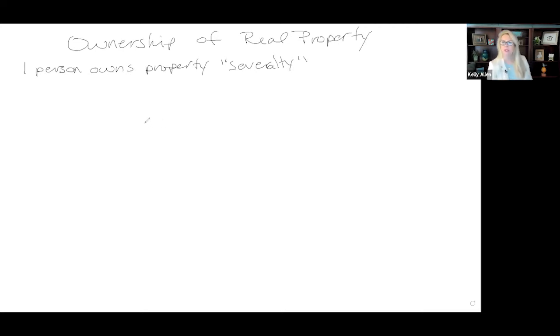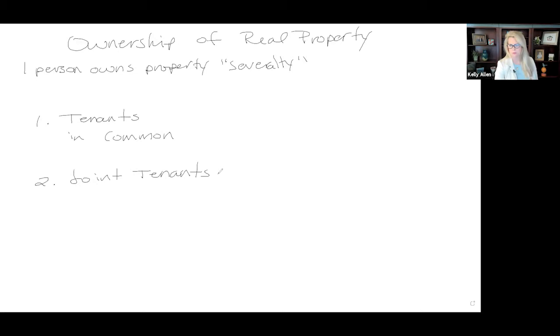Okay, here we go. So one person owns property in severalty. You can own property with other people in a variety of different ways. Like what, Kelly? Well, you can own property with other people as tenants in common. You can own property with other people as joint tenants, and we're going to assume survivorship. So I'll put assume survivorship.